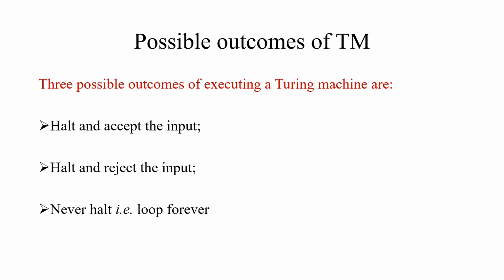The third outcome, which is a very important component of Turing machines, is that it may never halt; it will loop forever. That means it will neither accept nor reject, instead it will loop forever. I considered one example in my first lecture on Turing machines also, that there might be a situation where it may loop forever. So the 3 outcomes of a Turing machine are halt and accept, halt and reject, and never halt, that is, loop forever.